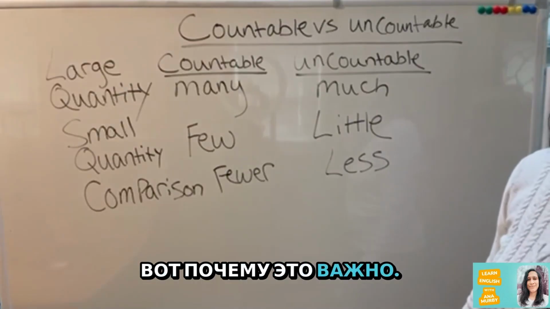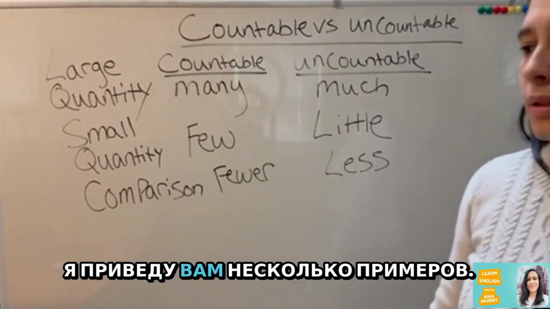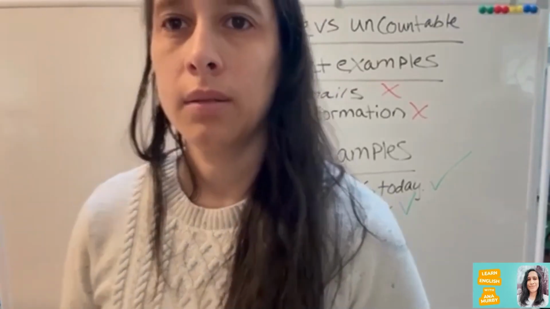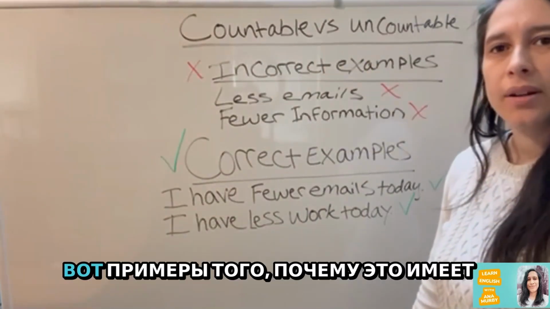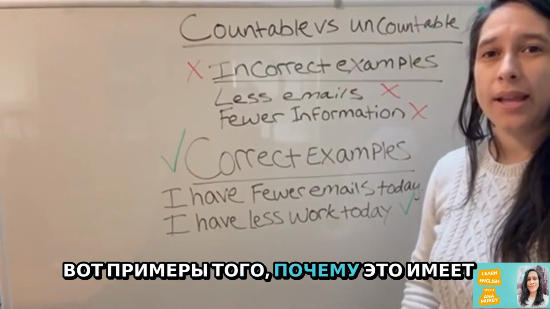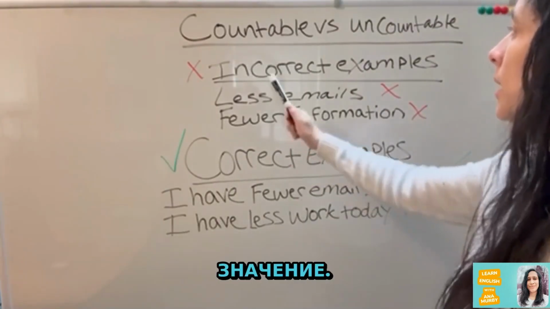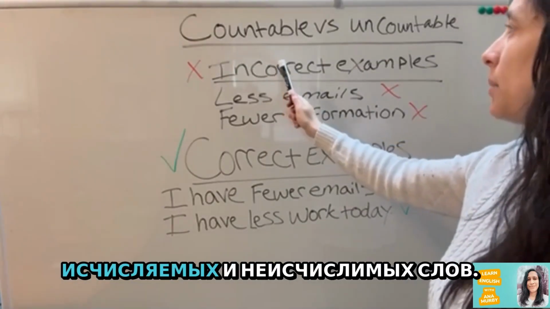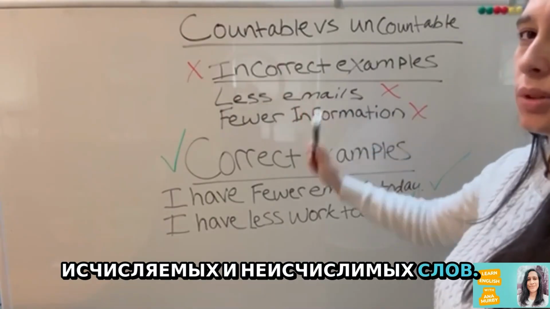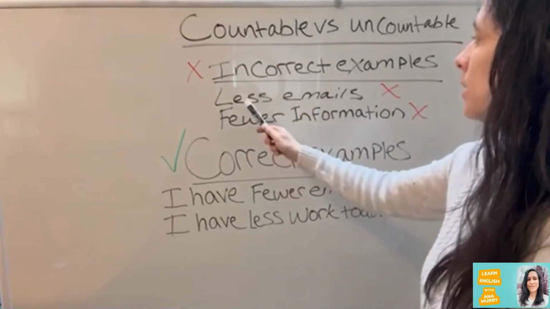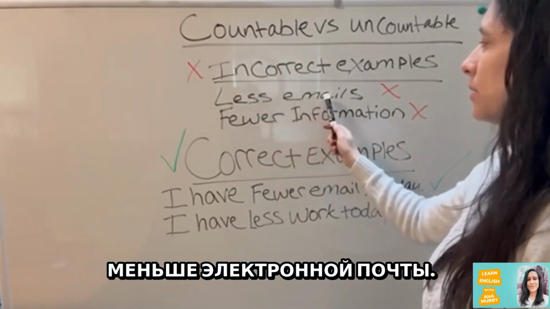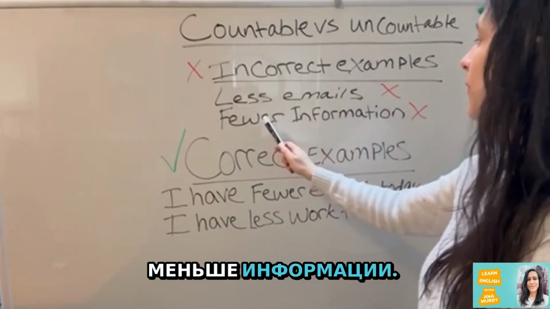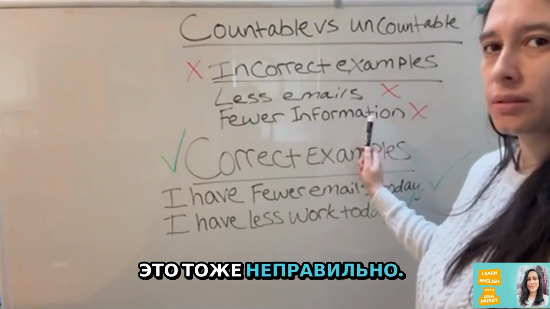This is why it matters. Here are incorrect examples of countable and uncountable. Less emails. It's wrong. Fewer information.